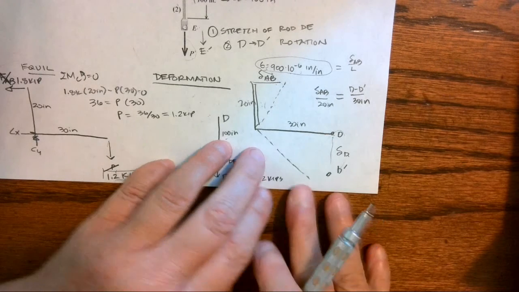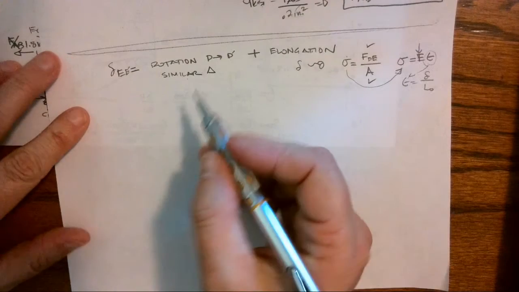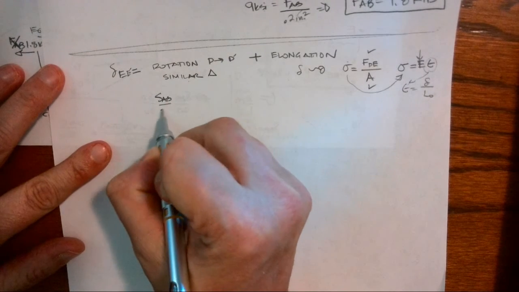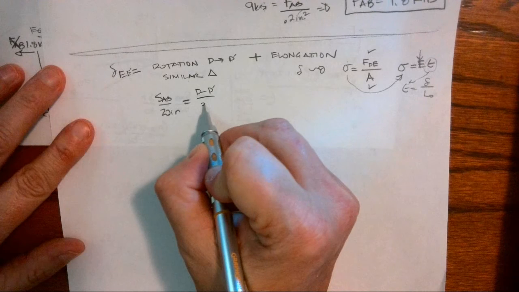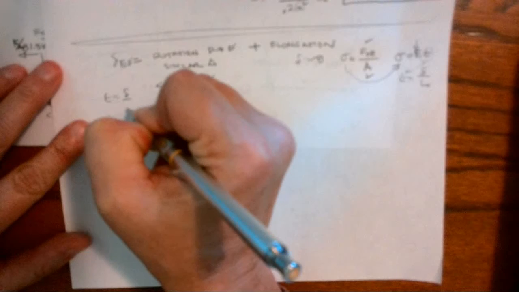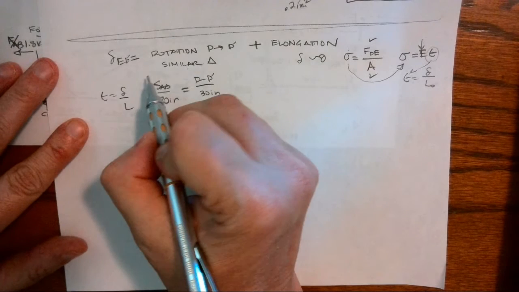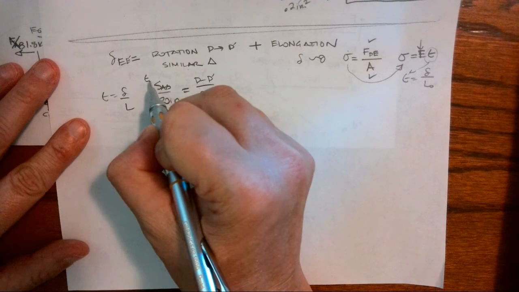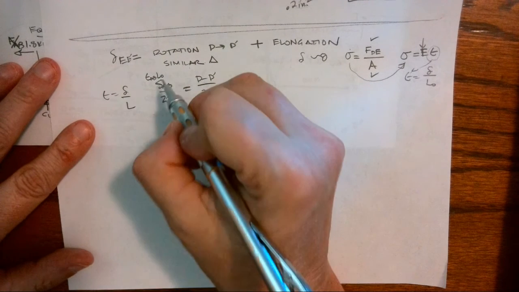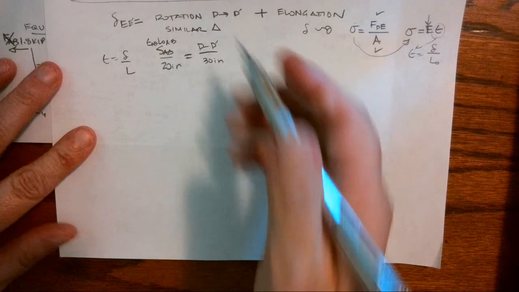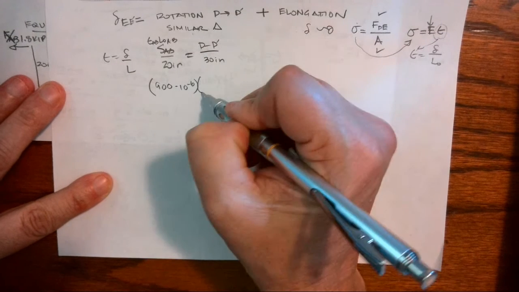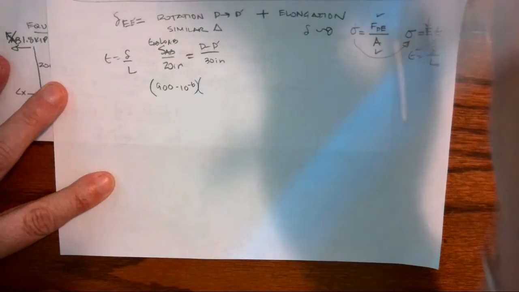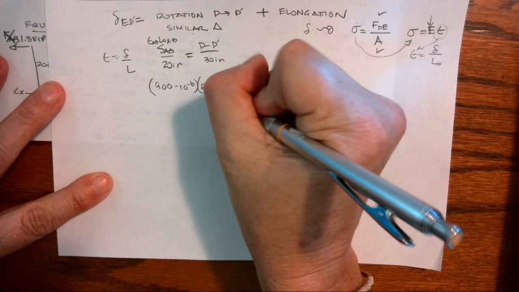So let's go back and work on that. So we have delta of AB is to 20 inches as D to D prime, that's the rotation, is to 30 inches. And strain equals delta over L. So delta is that original strain that we were given of AB times the original length of AB. So we have 900 times 10 to the negative 6 times our original length of AB, which was 50 inches, is to 20 inches.